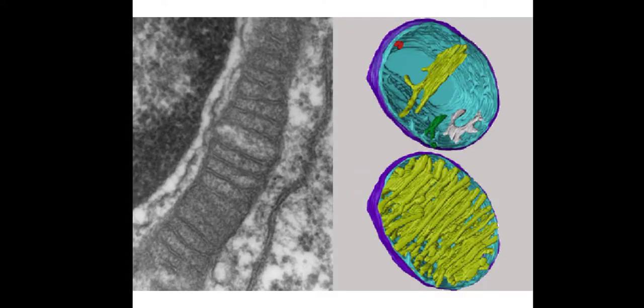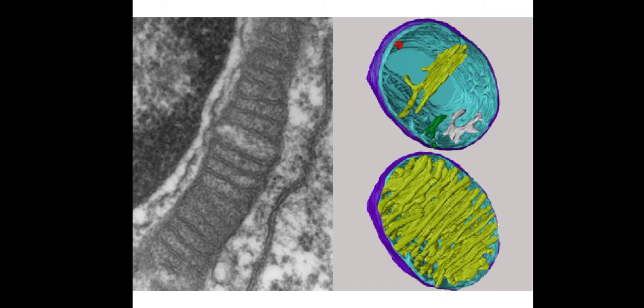Next, one more cell organelle called mitochondria. When you see the structure of mitochondria, it is made up of two layers, the outer membrane and inner membrane. In between outer and inner, we have the space called the intermembrane space.